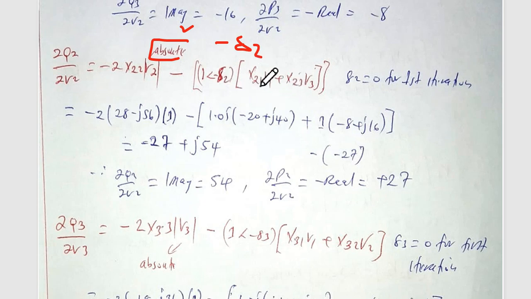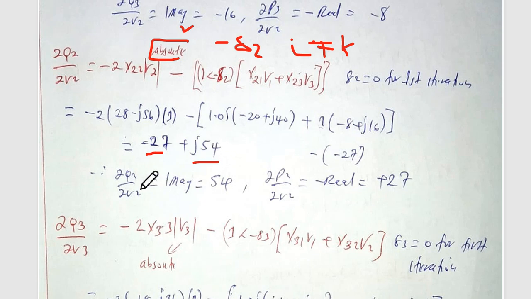Negative del 2 into summations of I to 1 V1 plus I to 3 V3, where I is not equal to K. Del 2 is 0 for first iteration, so just have negative 2 into Y22 V2 minus this plus that, so we'll have negative 27 plus j54.